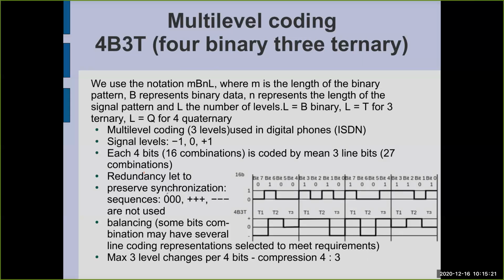In this method, we have 3 levels of voltage. For example, we have -1, 0, and +1. It doesn't matter what the voltage is, but we have 3 different voltages accessible.